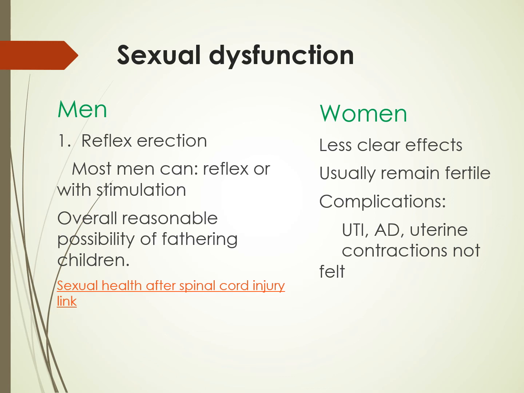The autonomic dysreflexia is a real problem here, but there are ways to manage it, and there are specific OBGYNs that deal with this, so there is a professional specialty there. Uterine contractions are not felt. So that's a very brief summary of sexual dysfunction for men and women.